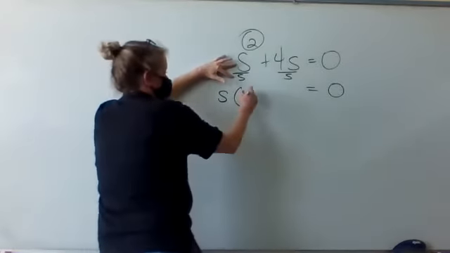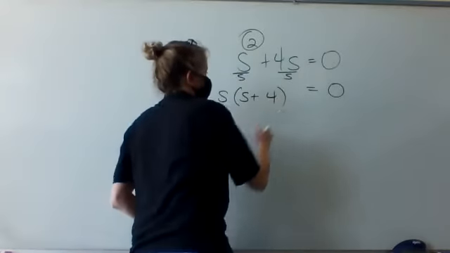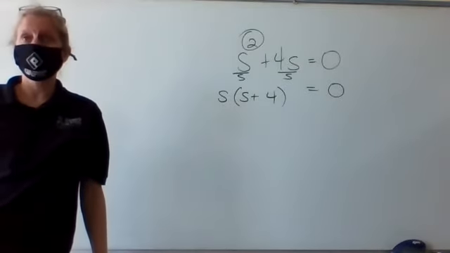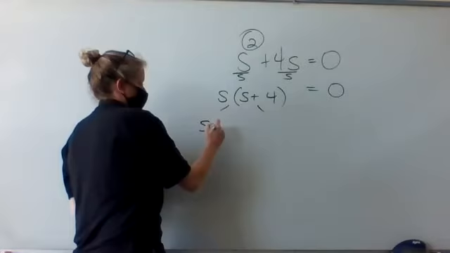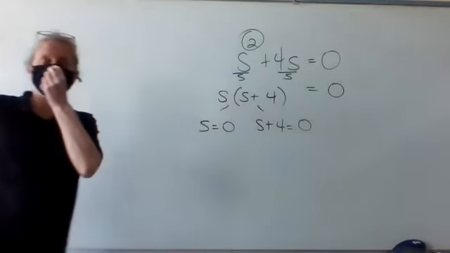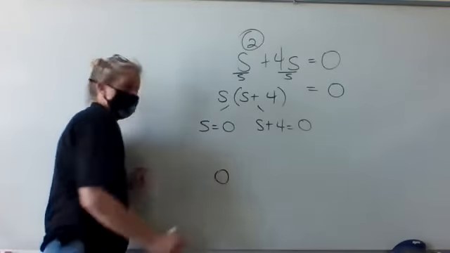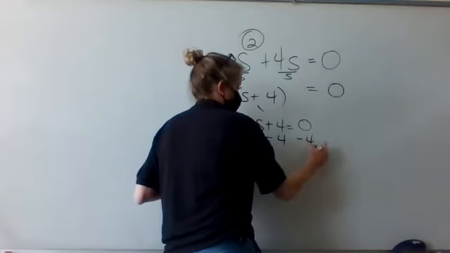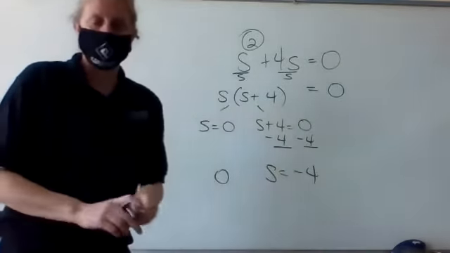Just an S. Plus, if I took the S out of here, I'm left with the 4. Those will be your 2 factors. I'm done factoring. Set them equal to 0 and solve them for S. This one's already solved, so one of my solutions is 0. This one I have to subtract 4 from both sides. So that solution would be -4.